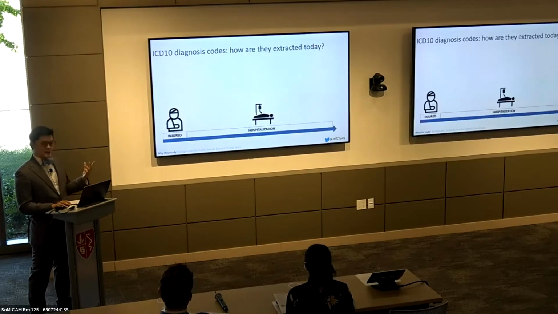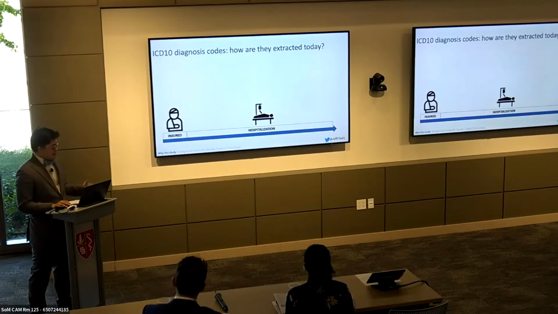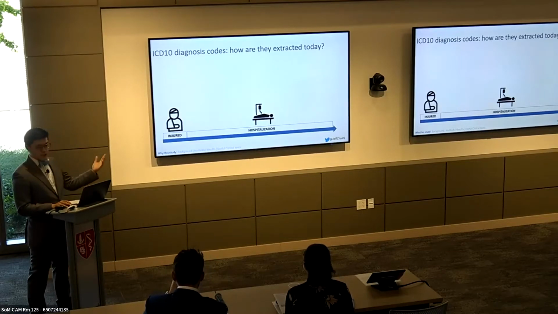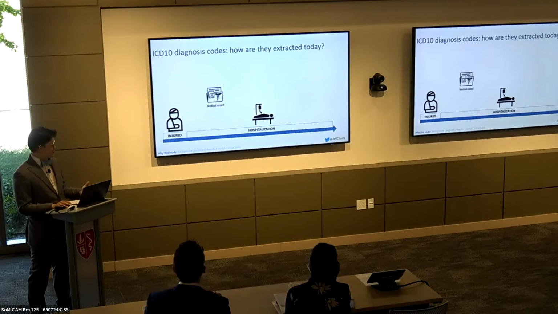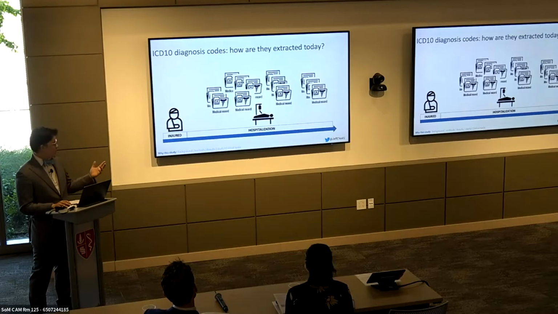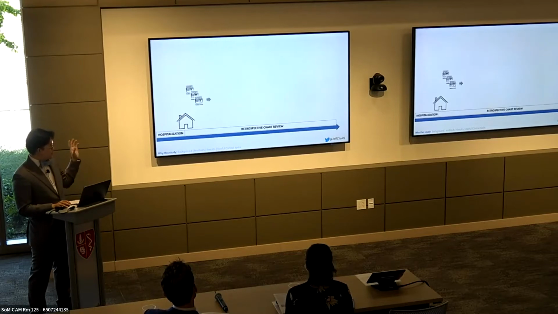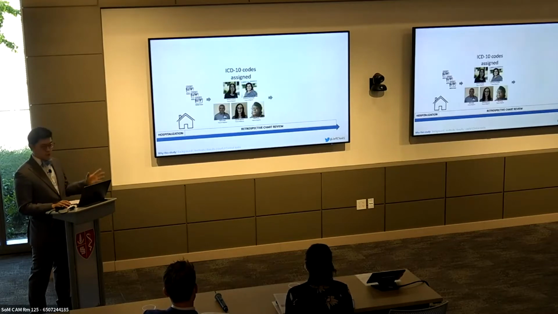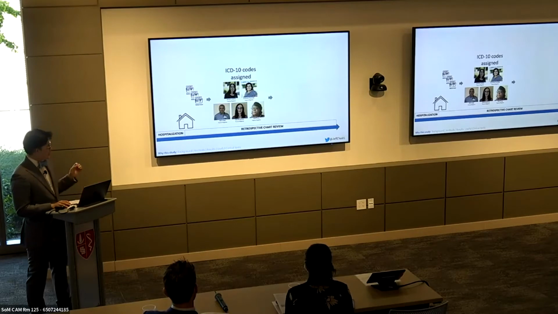So let's look at how ICD codes are extracted today. As providers, throughout a patient's hospitalization, we write a note or two or a couple more. And after a patient leaves the hospital, these notes are thoroughly scanned by our registrars who assign and enter ICD codes into databases.